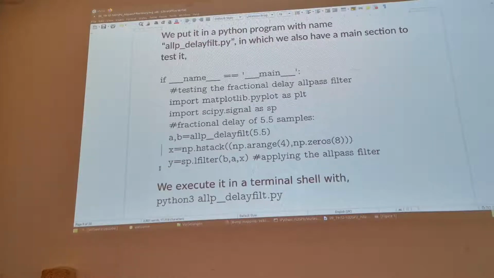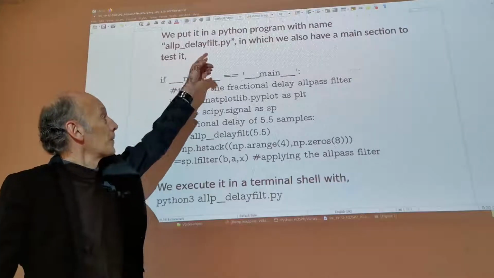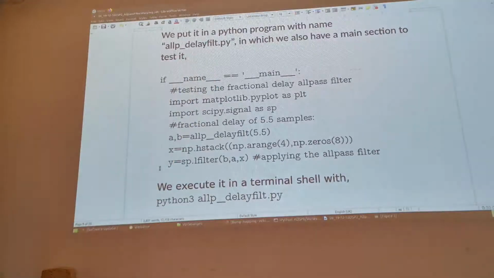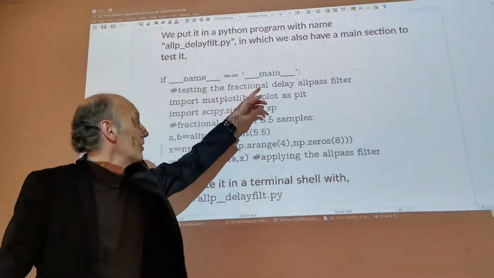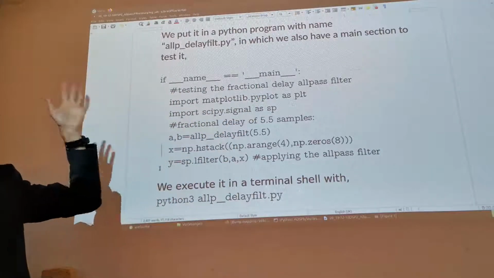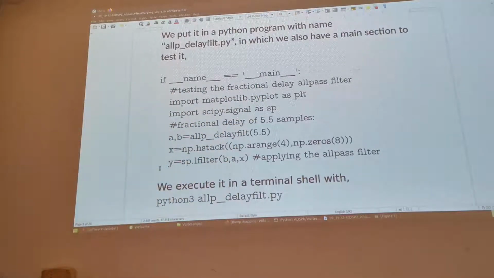So we put it in this file, all-pass delay filter.py, and this file not only contains this function, but it also contains this main function here, which tests it. So this is always a good strategy to have functions in a file, but then also to have a main section which is only there for testing.